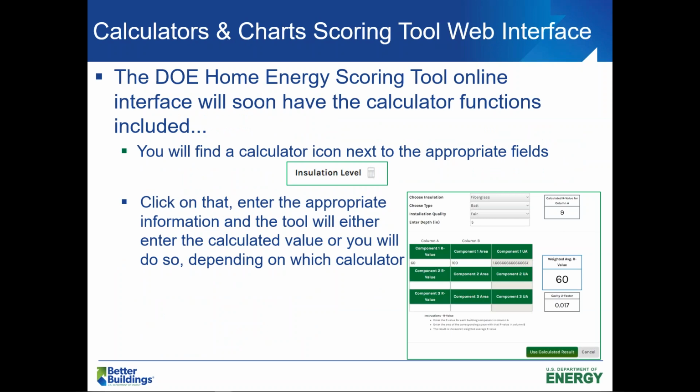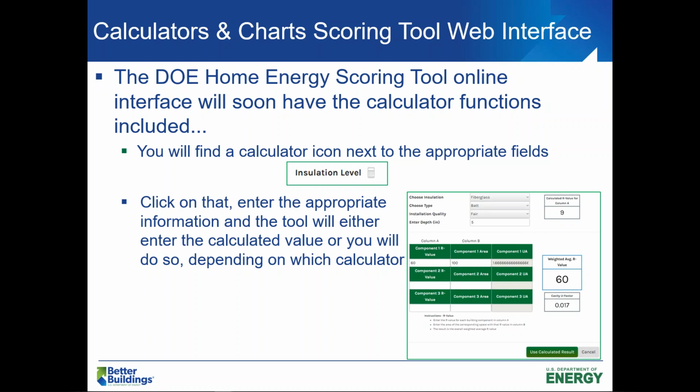We have also added these calculators to our DOE web interface. Those will be put out to the production server tomorrow, so you won't see them today. Probably sometime noonish Eastern time.